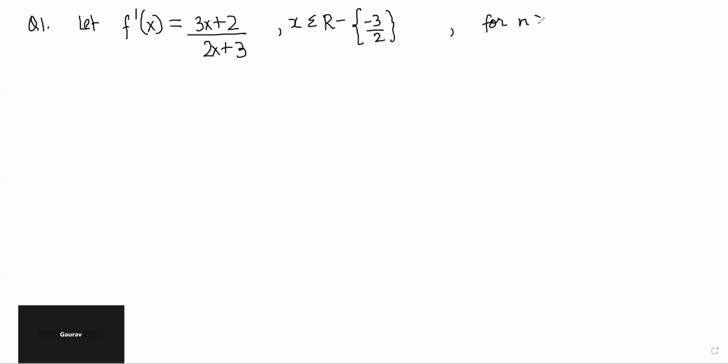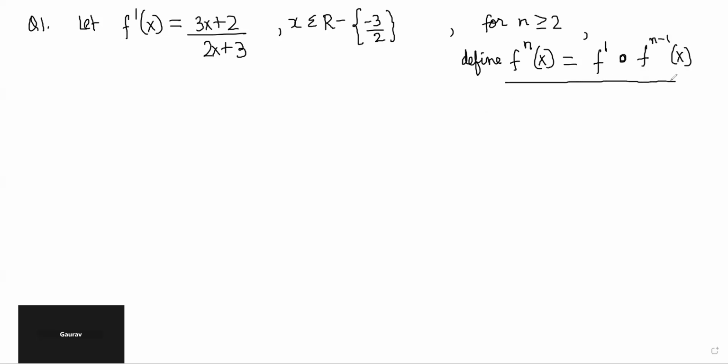For n greater than or equal to 2, define fn(x) equal to f1 composition with f(n-1)(x). Do you understand what I'm saying here? Yes, sir. So basically, you are defining fn(x) as the composition of f1 with this, right? Yes.